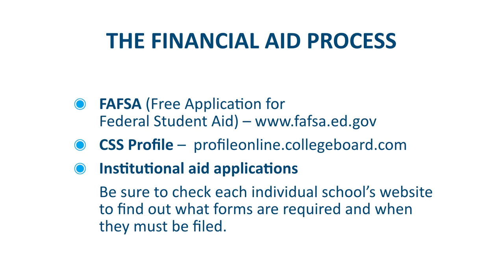So we want you to be aware of 3 different portals that you will consult in order to obtain aid for school. The first portal is called the FAFSA, or the Free Application for Federal Student Aid. The website is fafsa.ed.gov, and this is where our students log in to apply for financial aid from the federal government, obviously.